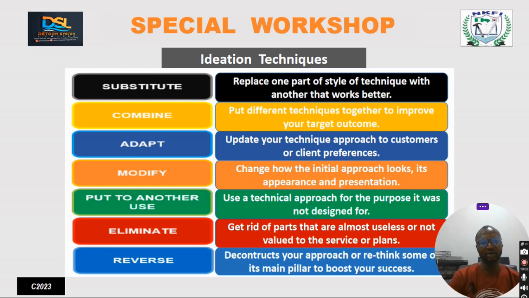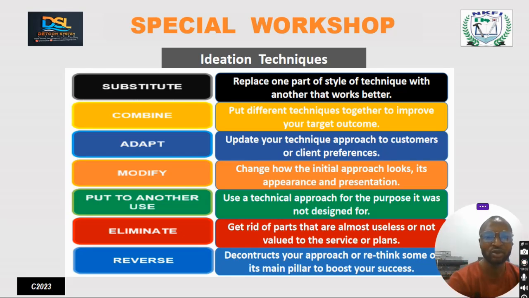Then when you start processing the idea, you can equally replace some parts of the idea that cannot bring your idea into success or that cannot beautify or standardize your idea. So you cut off some part and add some part and all of that. So that is what we mean by substitute.